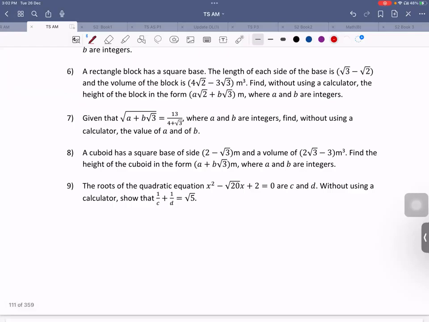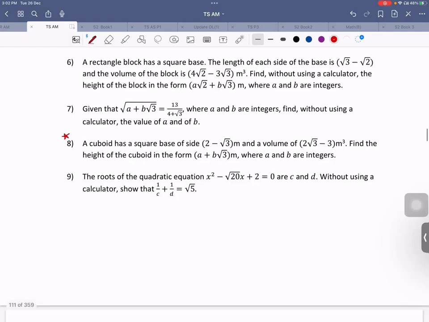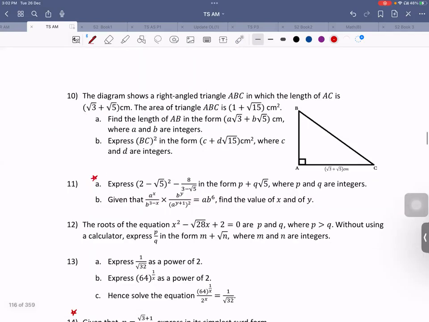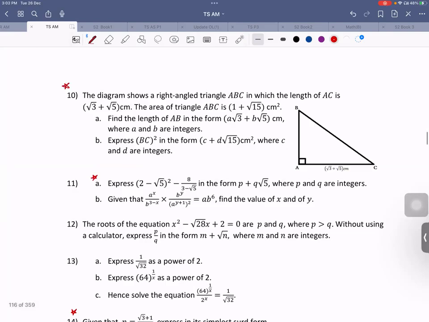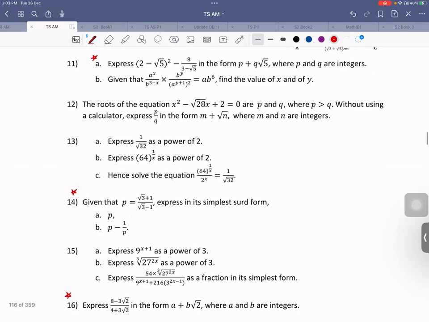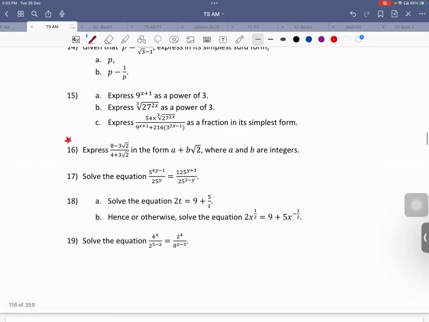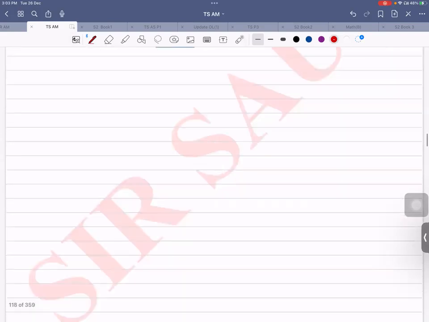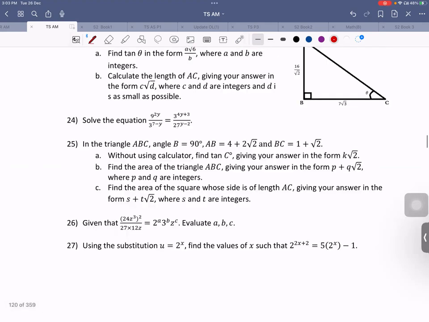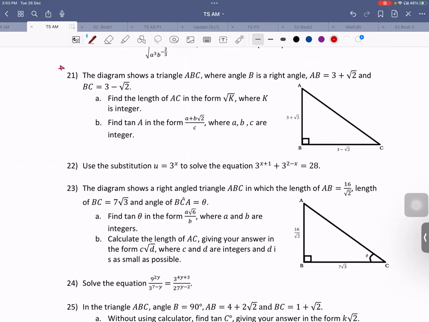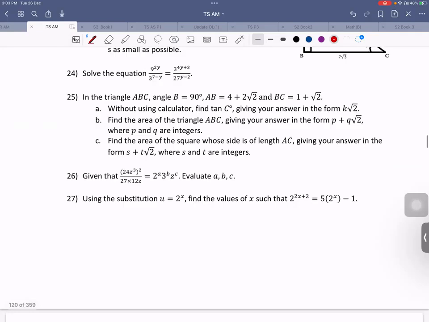As your homework, you will do question number 8 from the past papers, question number 10, after question 10, question 21, question 23, and question 25.